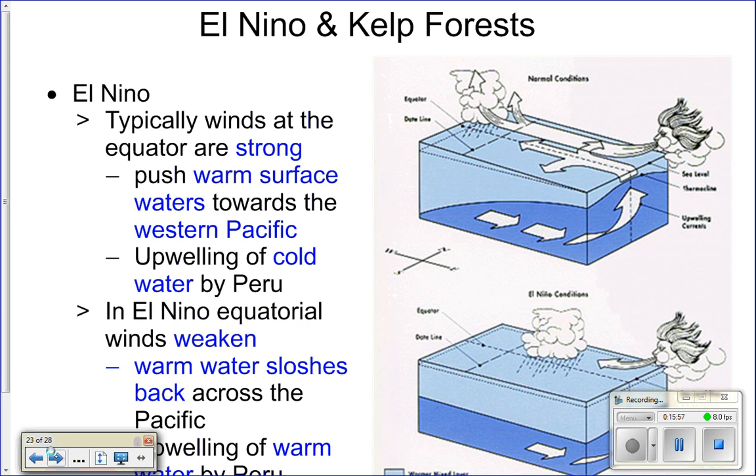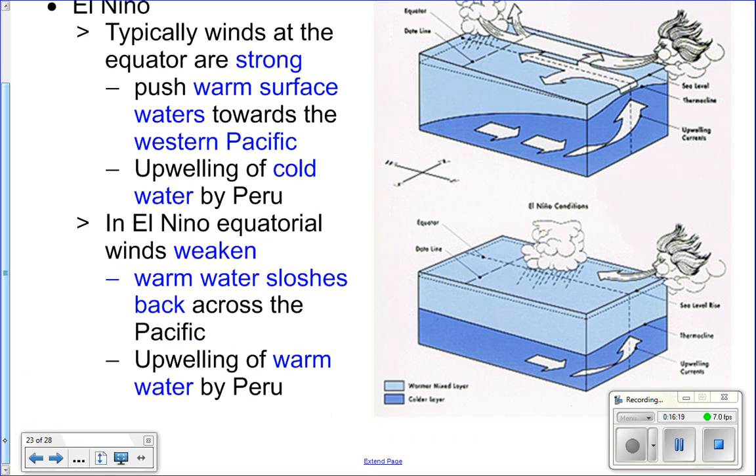No idea why. So they break down, and all of this warm water that's normally getting pushed over to that side of the ocean sloshes back across the Pacific and comes back over to our side. So we bring warm water over to where it's not normally, and that causes a lot of problems for kelp forests.